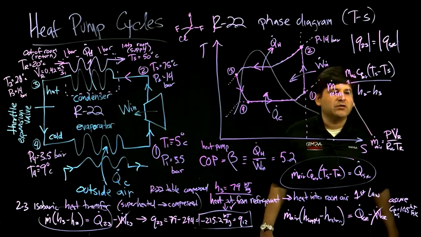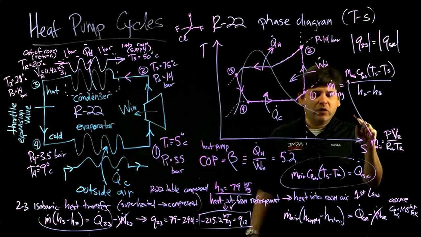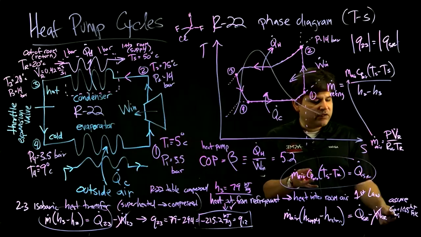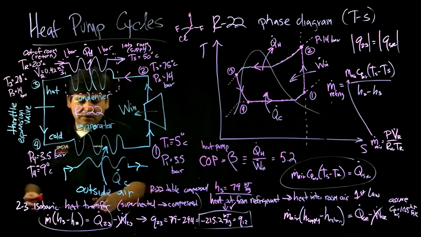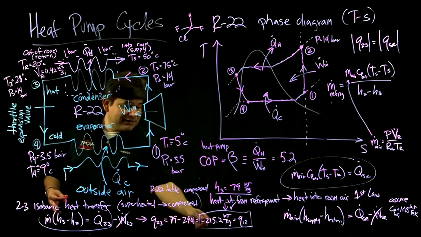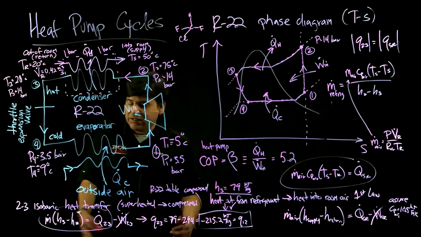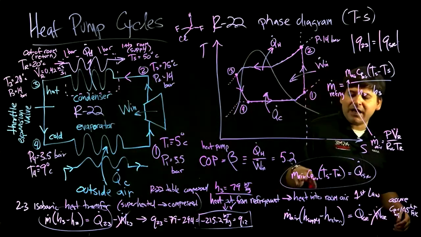So by plugging those in, we have all of this. We already know this. We could have found the heat transfer from the air from these values under this assumption. And we already found that heat transfer per mass using the steam tables per mass. Now we can find the mass of the refrigerant because we know the mass of the air.